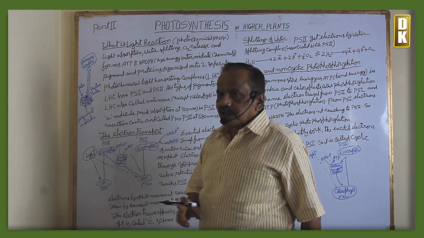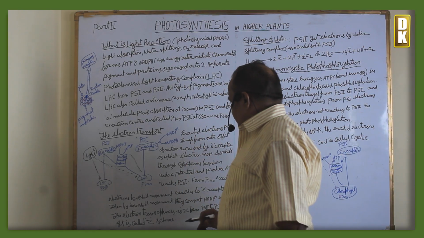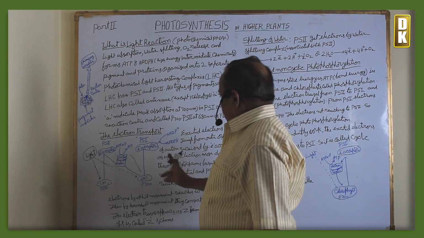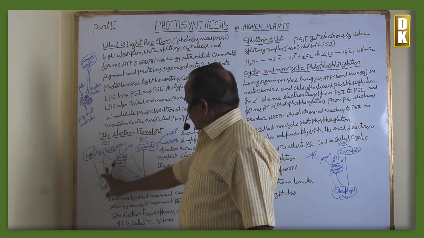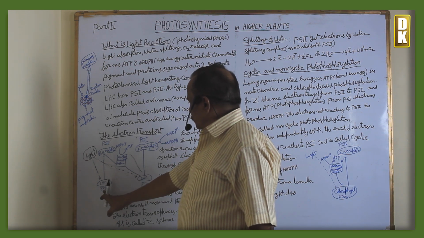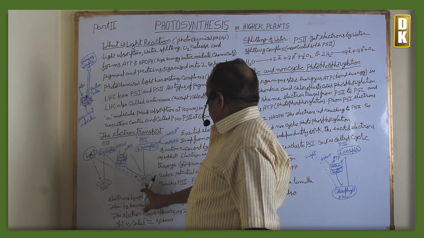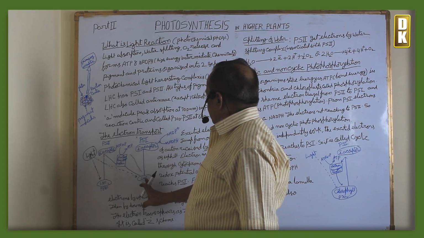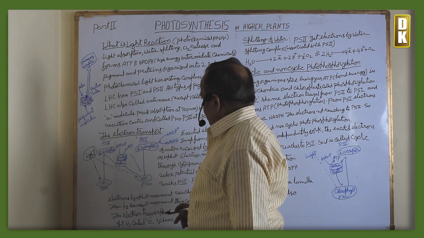This will be discussed in detail in the chemiosmotic hypothesis. And next, this entire thing appears first uphill from photosystem 2 to the acceptor and downhill, and again at photosystem 1 the electrons go uphill and then downhill.